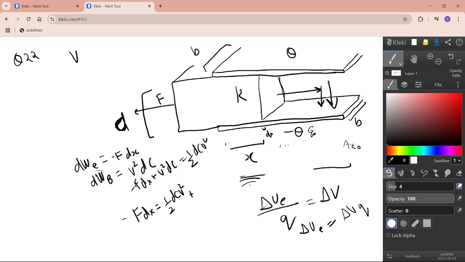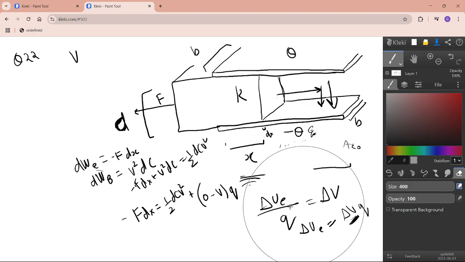So how much is that? The final potential is zero, and these electrons initially were at some potential energy, and it's this charge. You can take that to the other side.